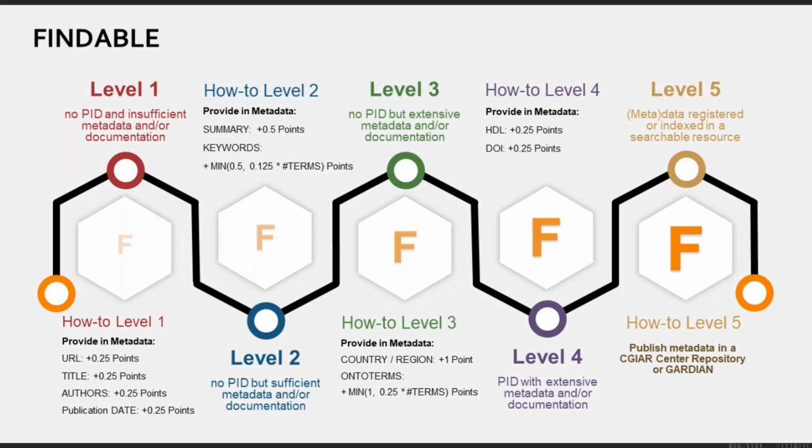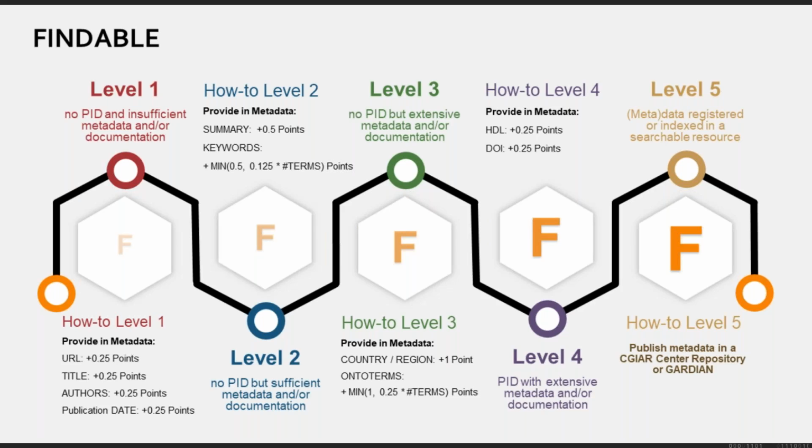The other critical thing is that there has to be some basic metadata. So there has to be a title, a URL for the resource itself, ideally, then the authors. You have to know who published this, who's responsible for this, and the publication date. That's an absolute minimum for this.